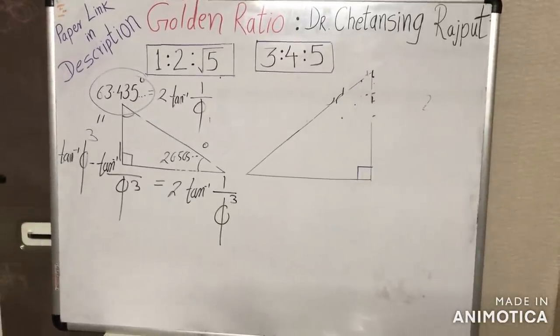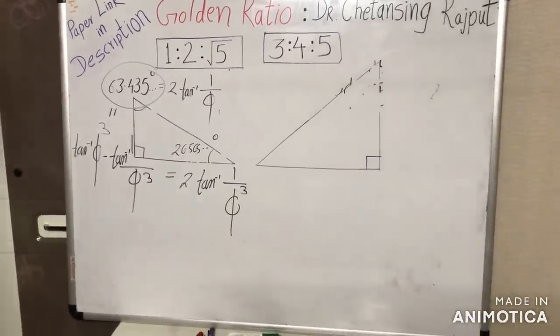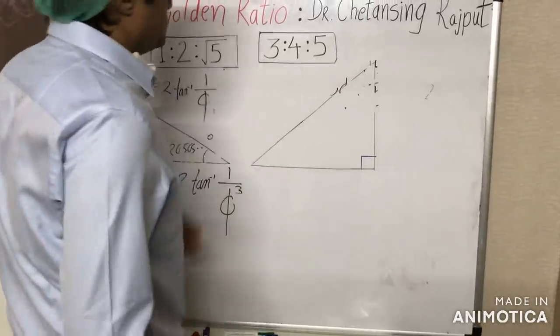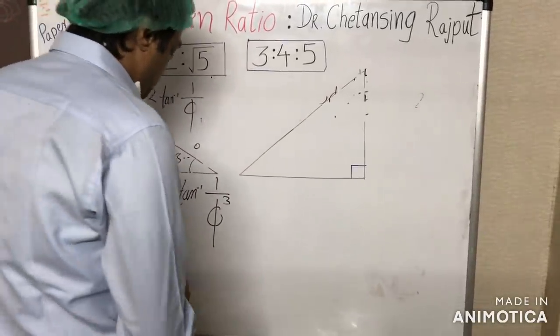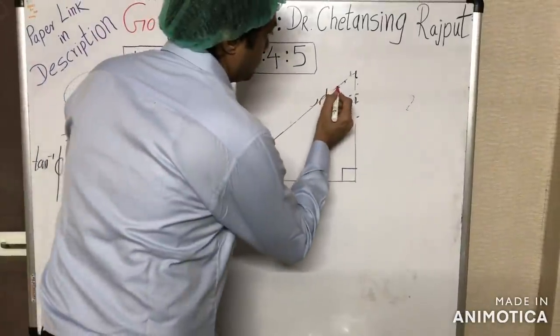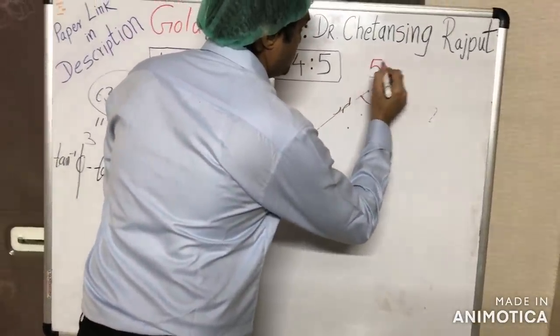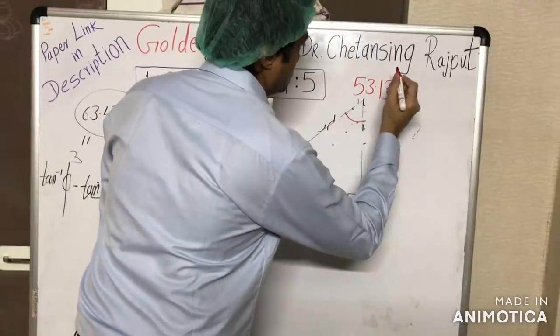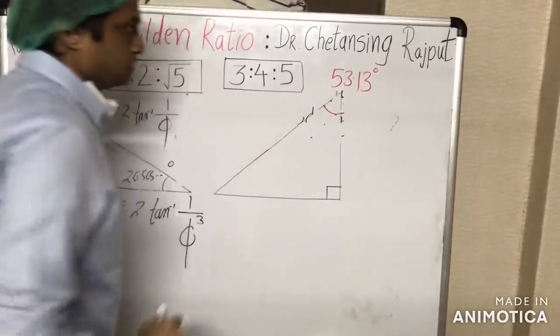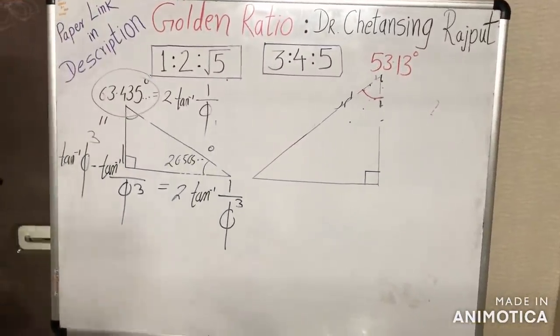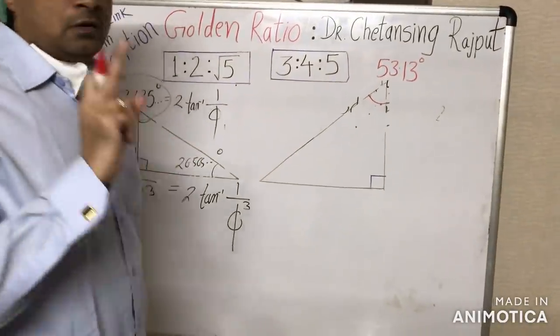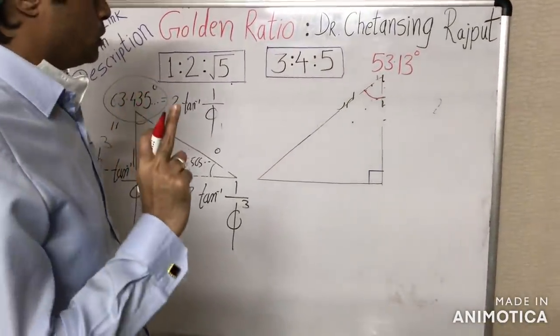Okay. Now let us see the acute angles of the 3, 4, 5 Pythagorean triple. This angle here is 53.13 degrees, and this angle can also be expressed in the form of the odd powers of the golden ratio.